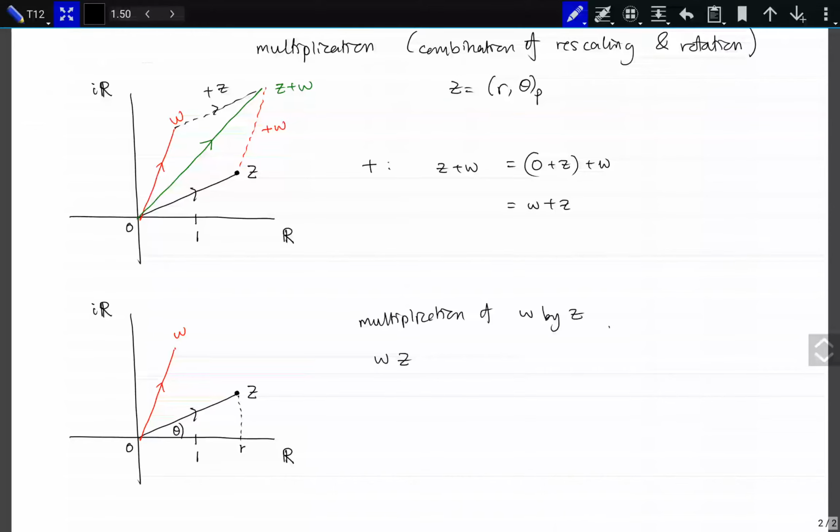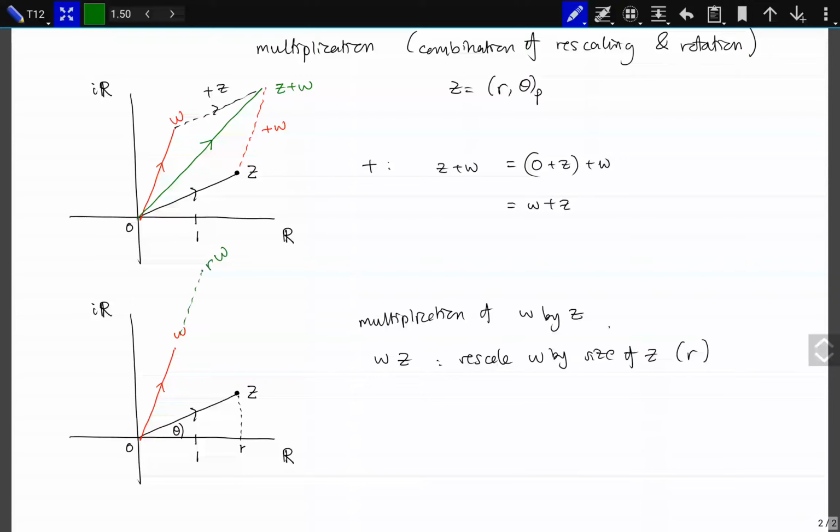That's going to be, I'm going to rescale w by the size of z, which is r. Let's say that r is almost twice the size of 1. So here's something like this, this is r times w.